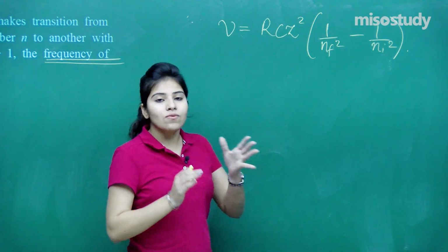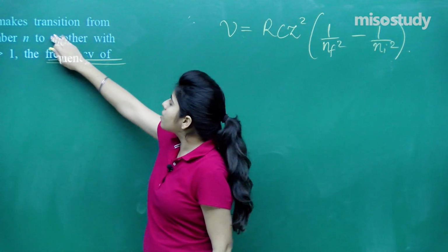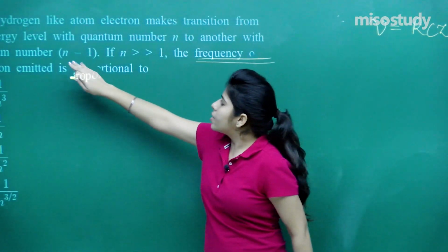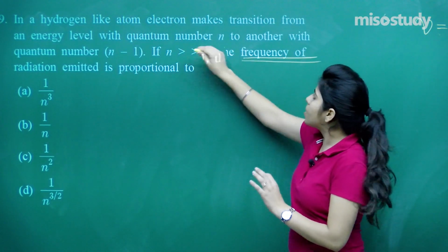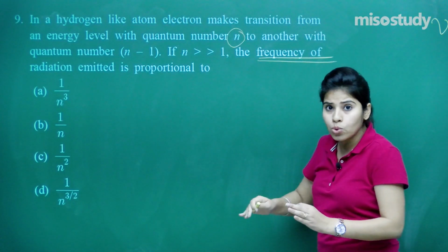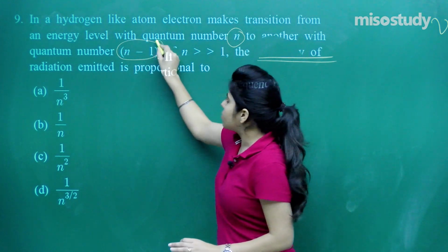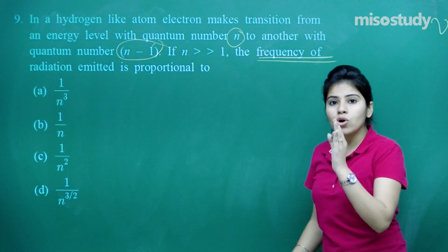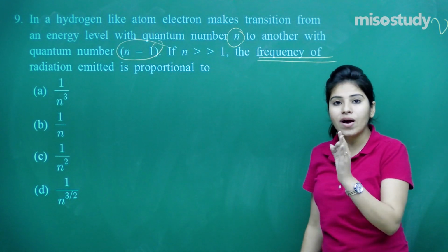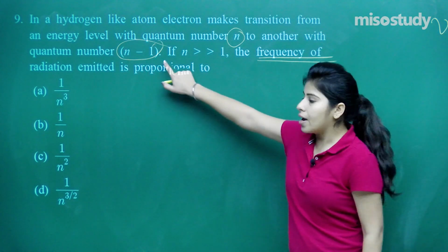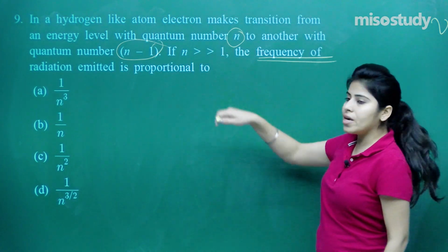We know that the electron is making a transition from energy level with quantum number n to n minus 1. That means your final energy level will be n minus 1 and initial will be n.